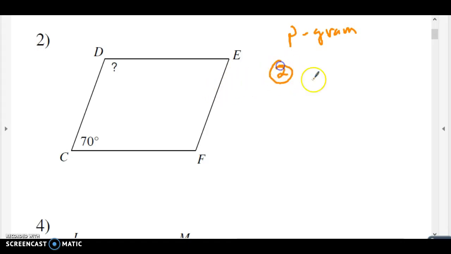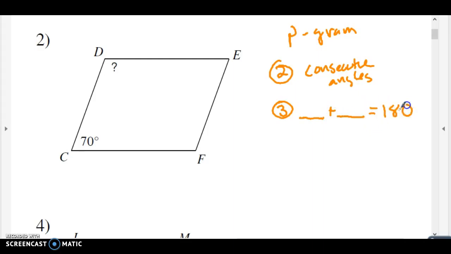So we're going to use the property of consecutive angles. Right? What is the formula for consecutive angles? Yes, Brian. Blank plus blank equals 180.